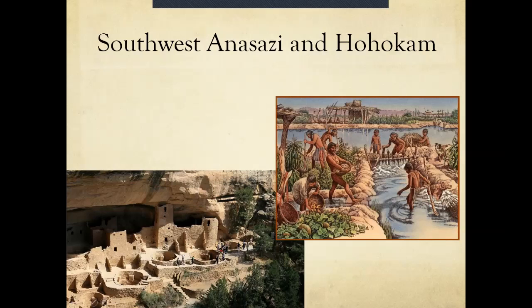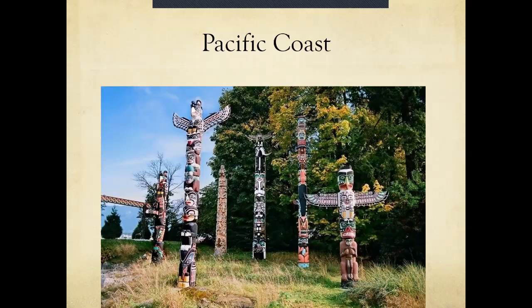So again, these are not people who, as the Europeans would like to portray them later on, as being savages or uncivilized. They were very, very sophisticated in what they were able to accomplish and achieve in terms of fashioning their homes, and then also using ingenuity to create a way to farm through this irrigation.